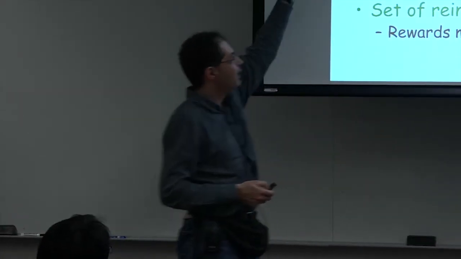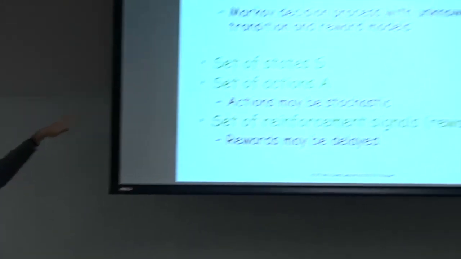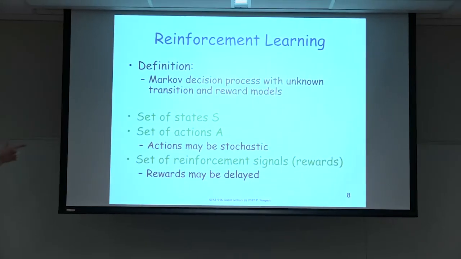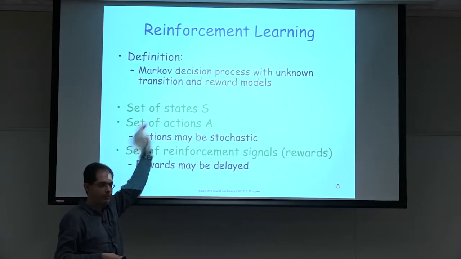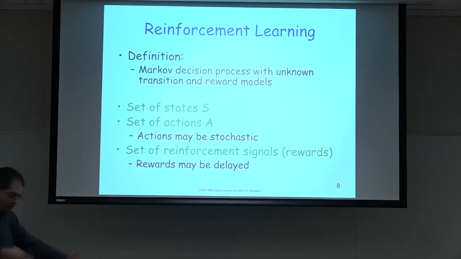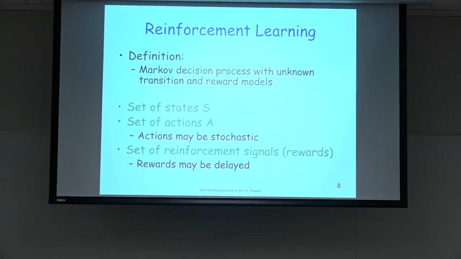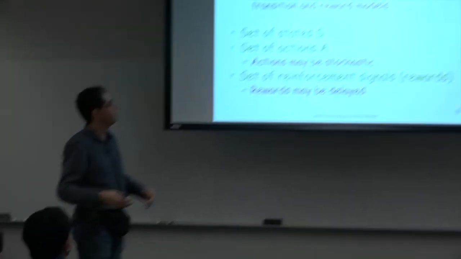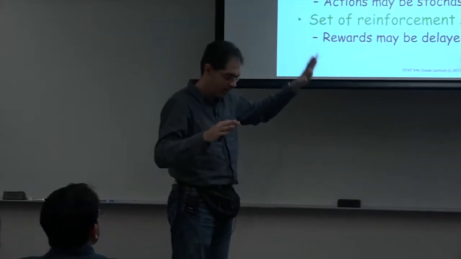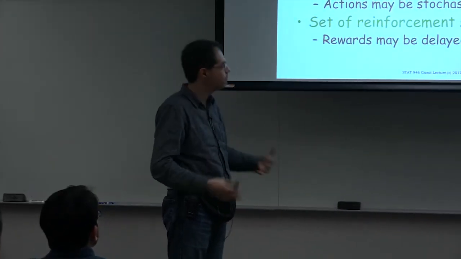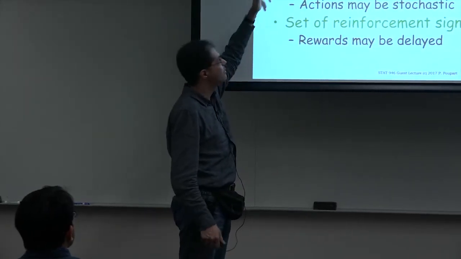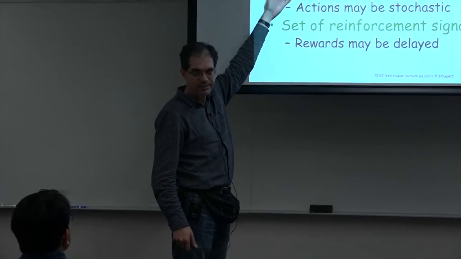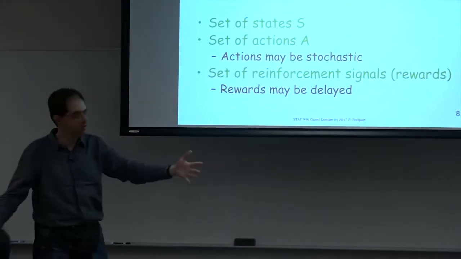Okay. So with what I've defined now, reinforcement learning, as I mentioned before, is essentially based on the theory of Markov decision processes. So underlying a reinforcement learning problem, there is always a Markov decision process. I'm not going to go into the details of Markov decision processes, but what is important to know, at least just for today's lecture, is that there's going to be a set of states. It can be discrete, it could be continuous.